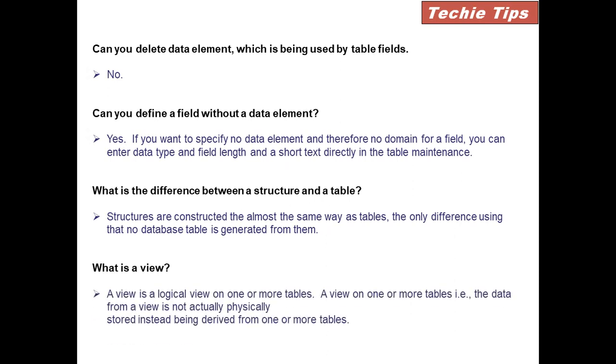What is a view? A view is a logical view on one or more tables, that is, the data from a view is not actually physically stored, instead being derived from one or more tables. Database view, help view, projection view and maintenance view. These are the different types of views which are available in ABAP.